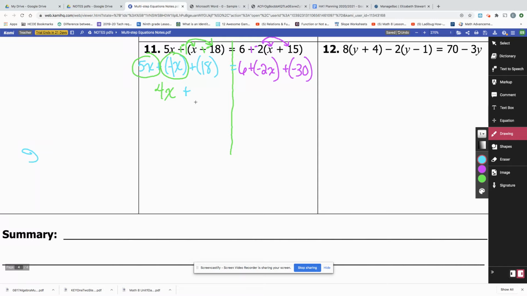Plus 18, it's not a negative, I don't need the parentheses.